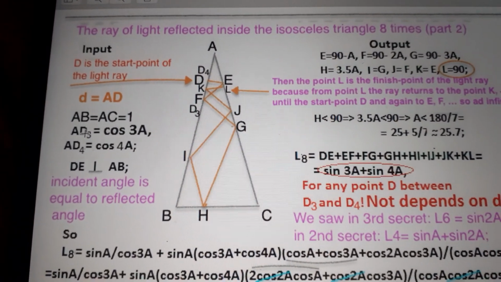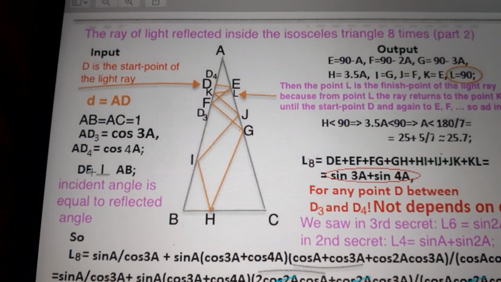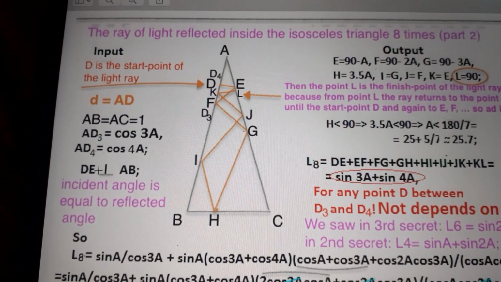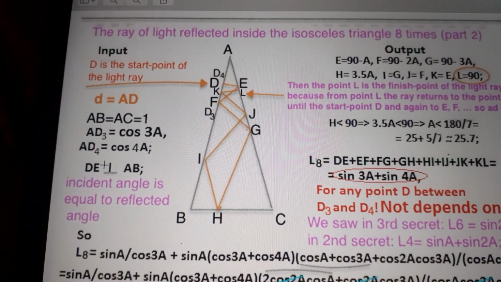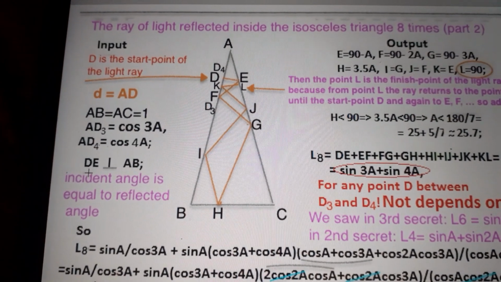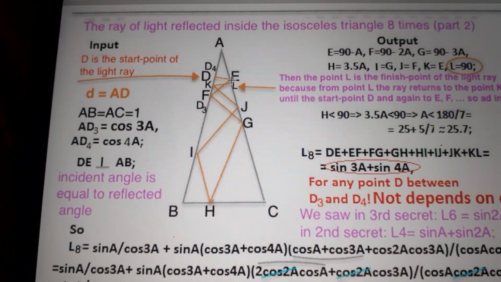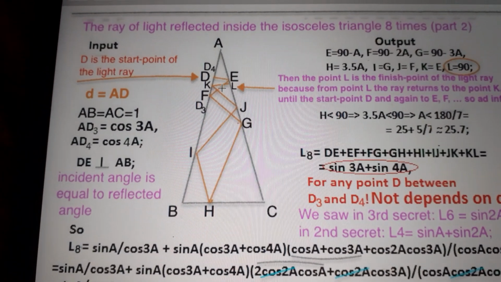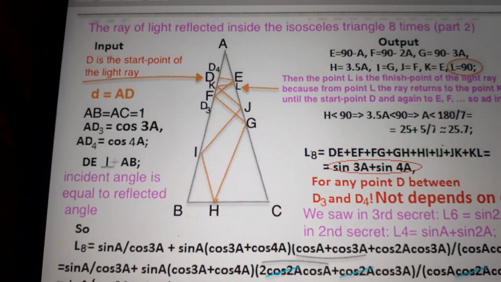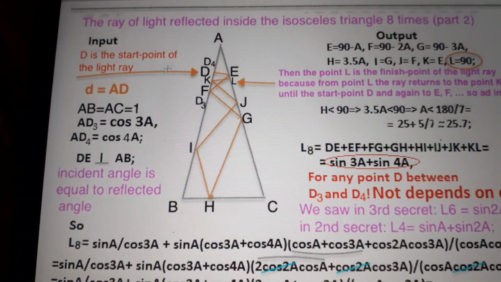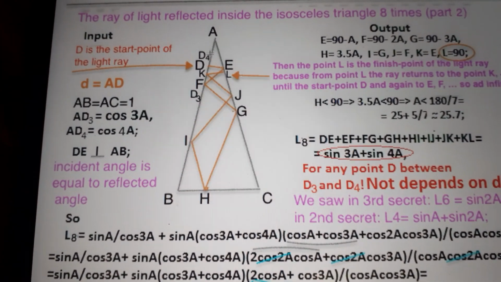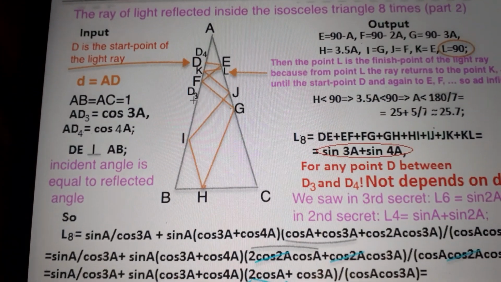And then DE, it means the first segment of the trajectory of the light ray is perpendicular to side AB.